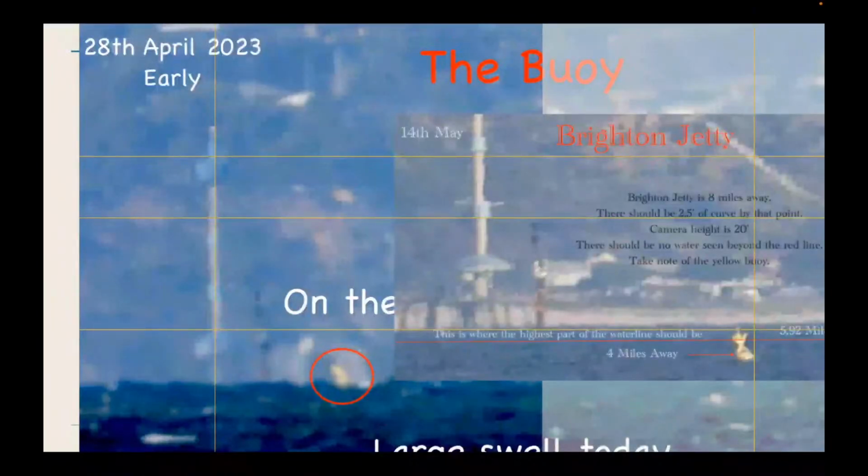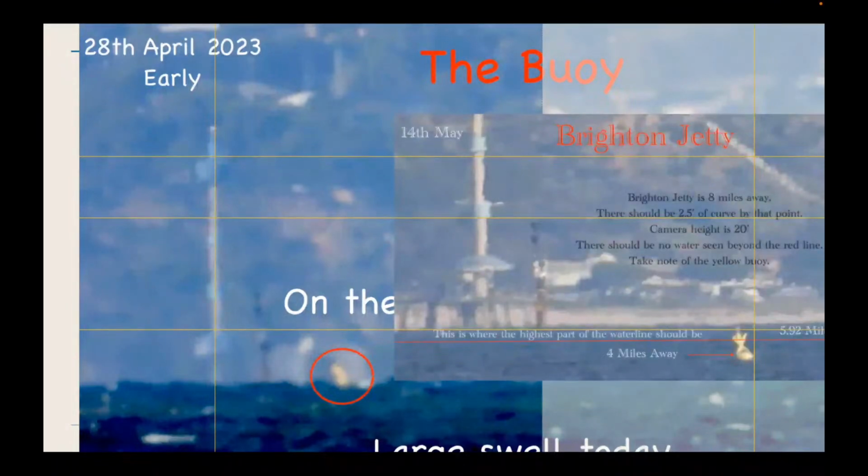Now, I might be able to explain it better here. So when we look at these two screenshots, whenever anything is on the horizon, it is going to appear higher visually than everything beyond the horizon or everything in front of the horizon. Okay, so you see on the screenshot on the left, the buoy is right on the horizon, and behind the horizon we have Brighton Jetty, and all we can see is the tower.